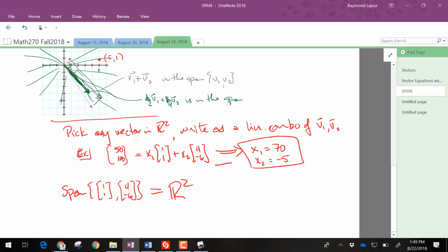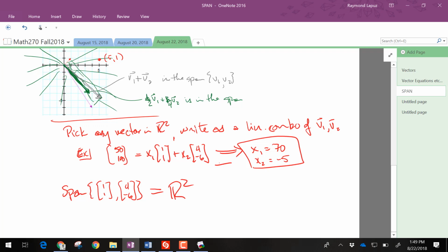We're playing with the idea of a span. We're trying to figure out what the span is. So if I have two vectors in R2, or these particular vectors here, they span everything. And what they mean by they span everything is that I could take any linear combination, and by linear combination I mean something times the first vector, something times the second vector, and add it.